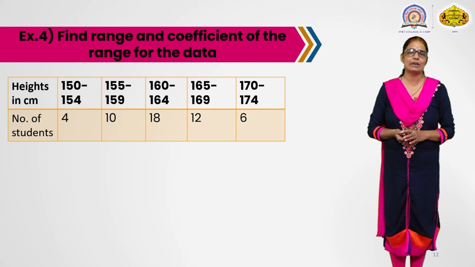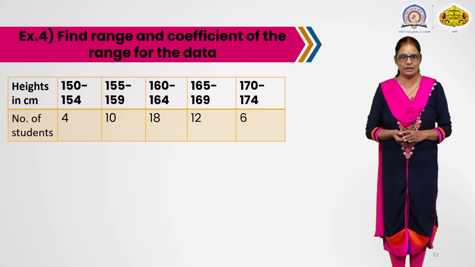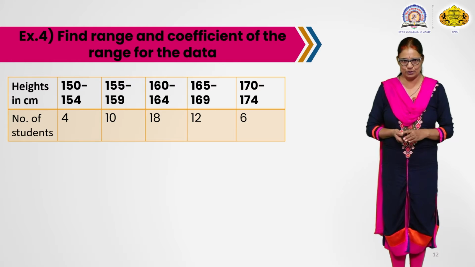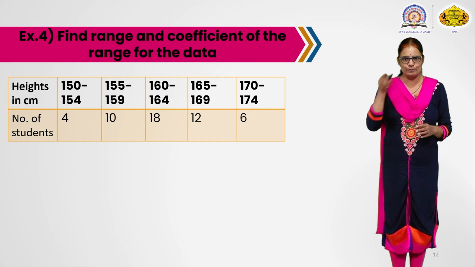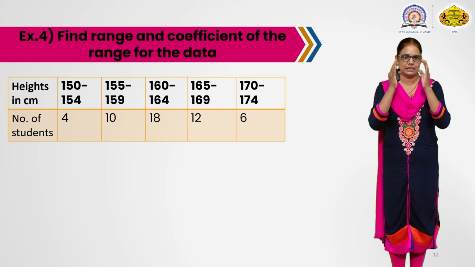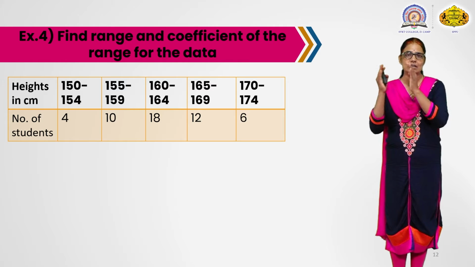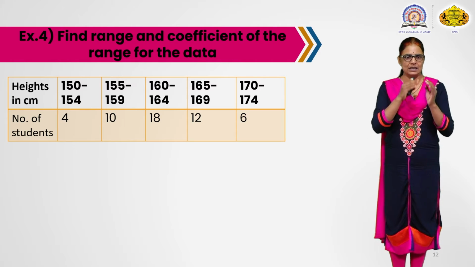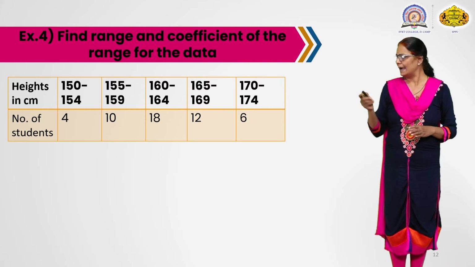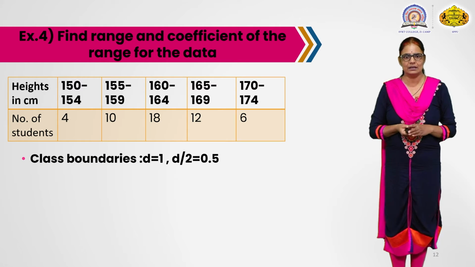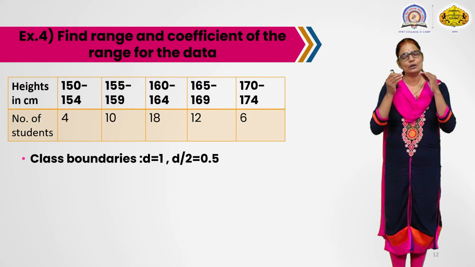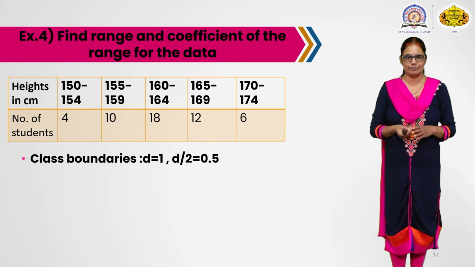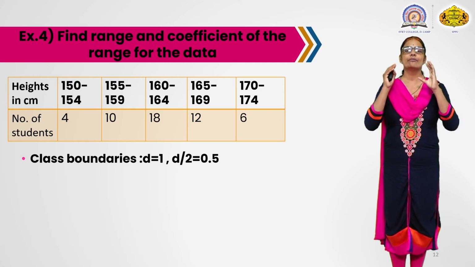So in this case, we have to find class boundaries first and then write the largest and the smallest observation. Now if you observe, all these classes have equal width. The width is the same. If I consider class 1 and class 2, the difference between the upper limit of the first class and the lower limit of the next class is 1, that is 155 minus 154.